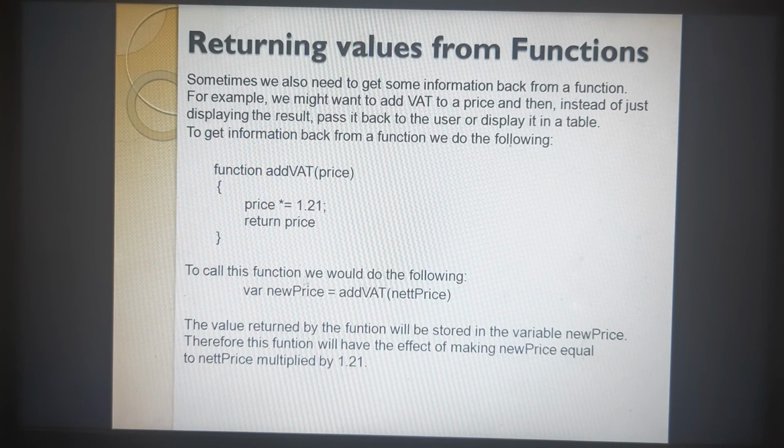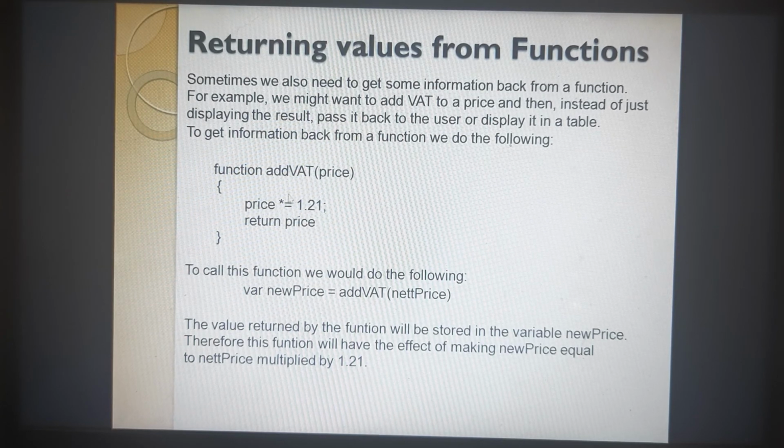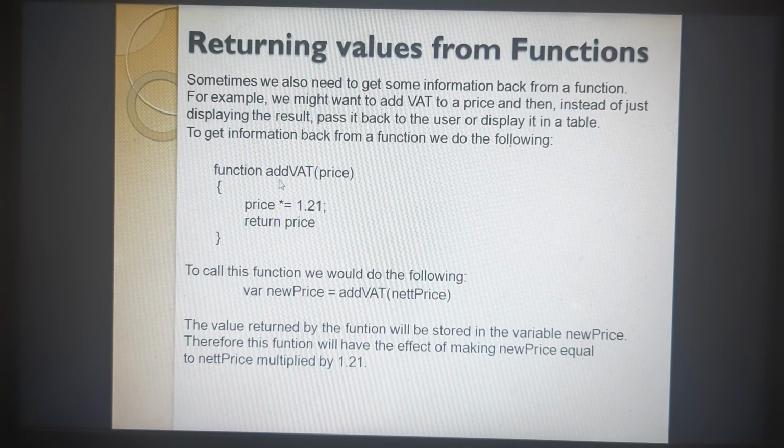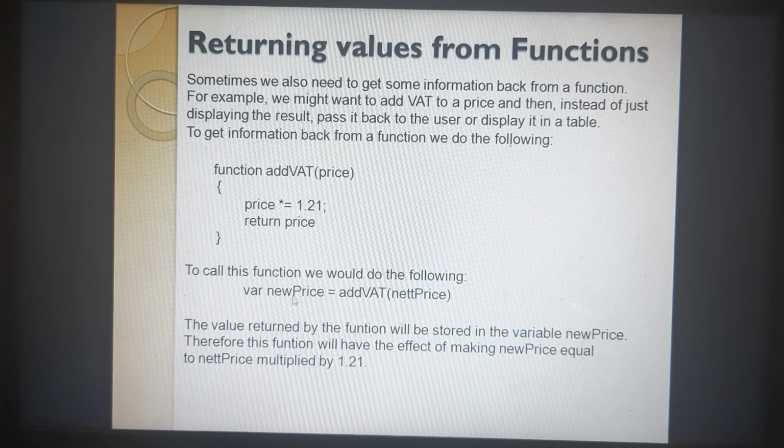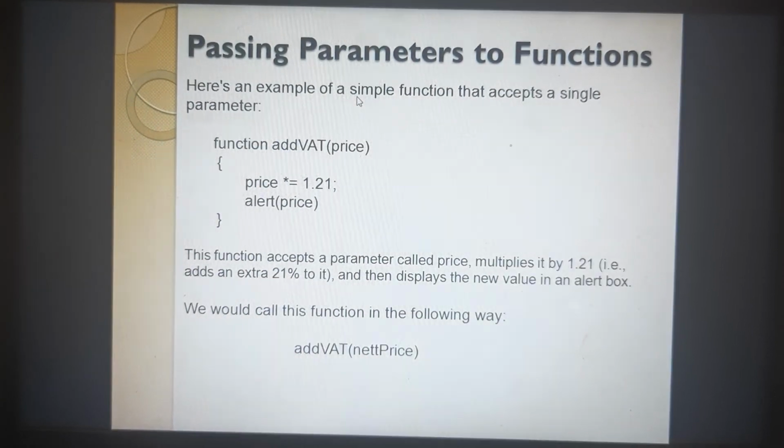When the function is called, you can see new price equals addVAT. The net price is copied into price. After executing, the price is returned to addVAT. When addVAT accepts the price value, that value is stored in new price. This is how returning a value from a function is going to execute.